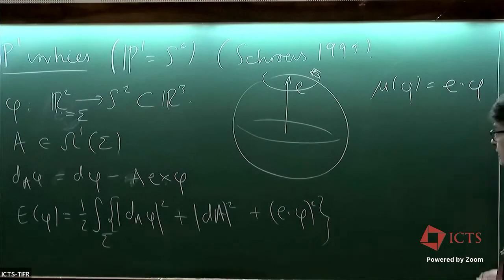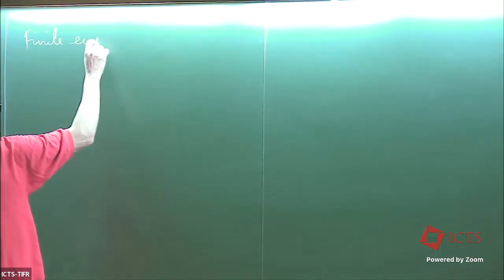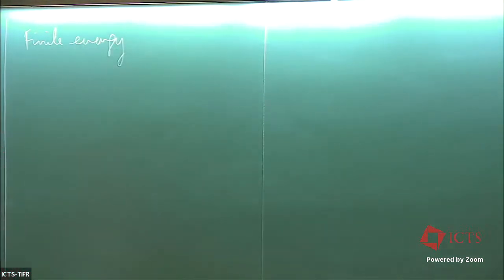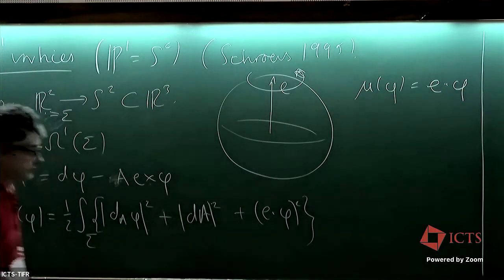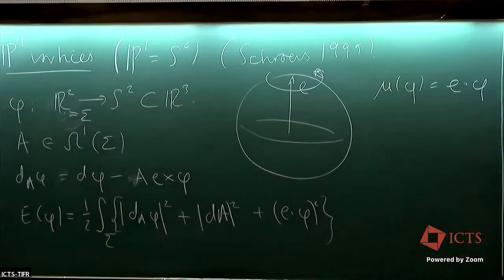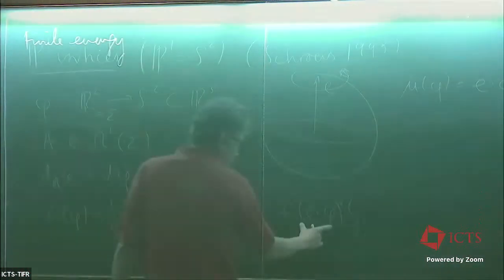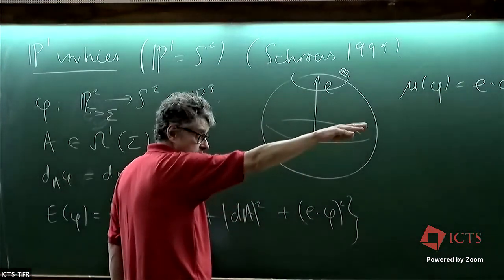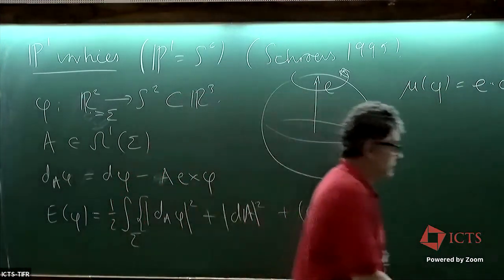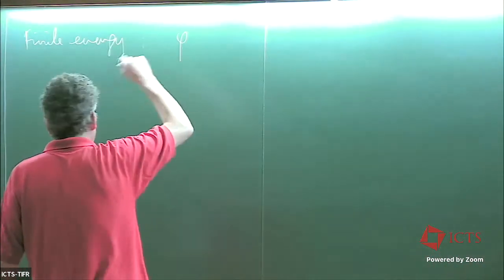So once again, just like I did in the second lecture, I want to think about what it means if we insist that our field has finite energy. So our pair consisting of a section and a connection have finite energy. Well, in order for this part of the integral to converge, we need phi to localize to the equator as we go off to the boundary at infinity in R2.